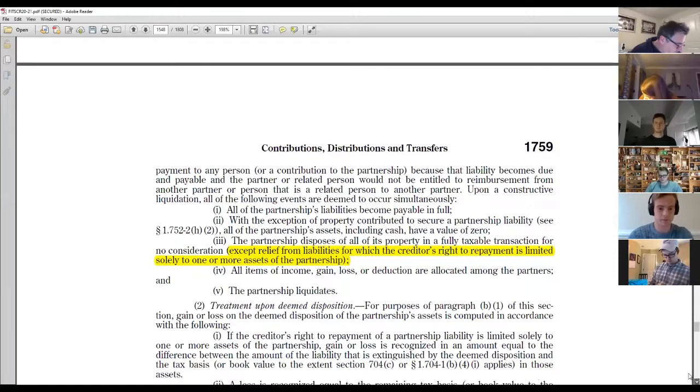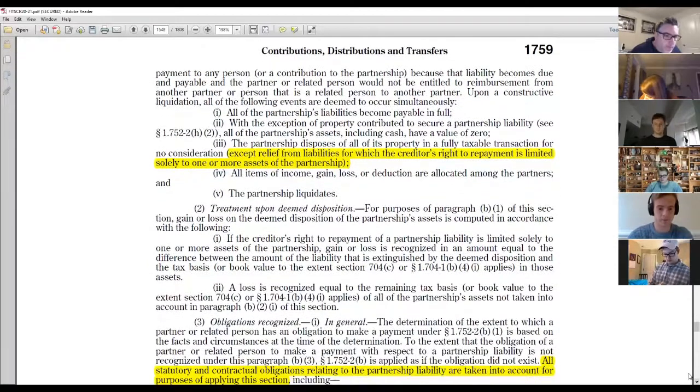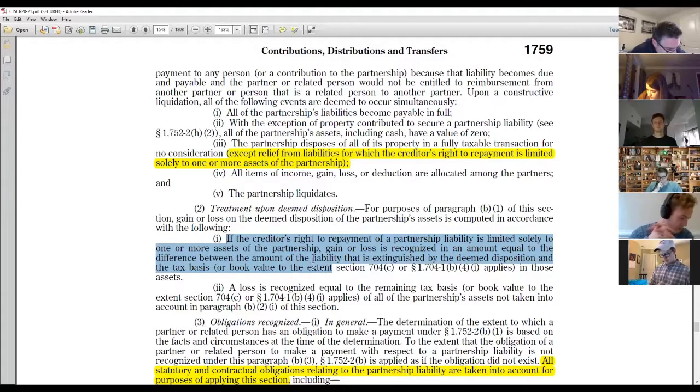Instead, if we go down to -2(b)(2)(i), it tells us if the creditor's right to repayment is limited solely to one or more assets, gain or loss is recognized in an amount equal to the difference between the amount of the liability extinguished and the tax basis of the asset. And then, by the way, if we have 704(c) property where we have book value differing from tax basis, then we use book value. So this is the Tufts rule.